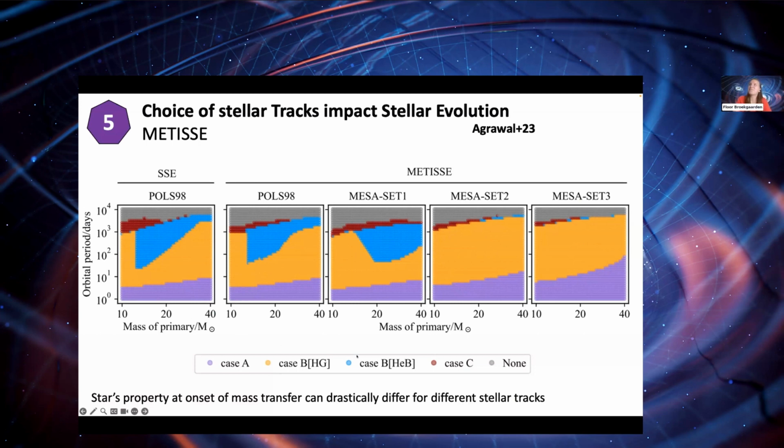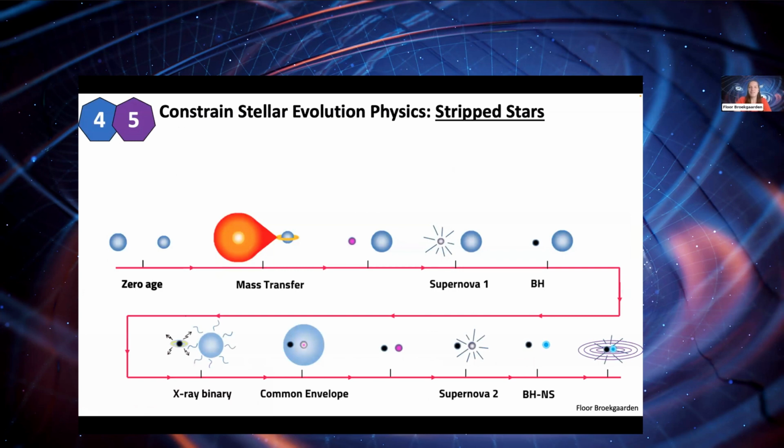Okay, in addition, the thing that I'm very excited about is also that there are many more observations that we can use to constrain some of the stellar physics. Again, I showed you this picture, but one of the exciting parts is that there are these different phases where there are helium stars with a companion.